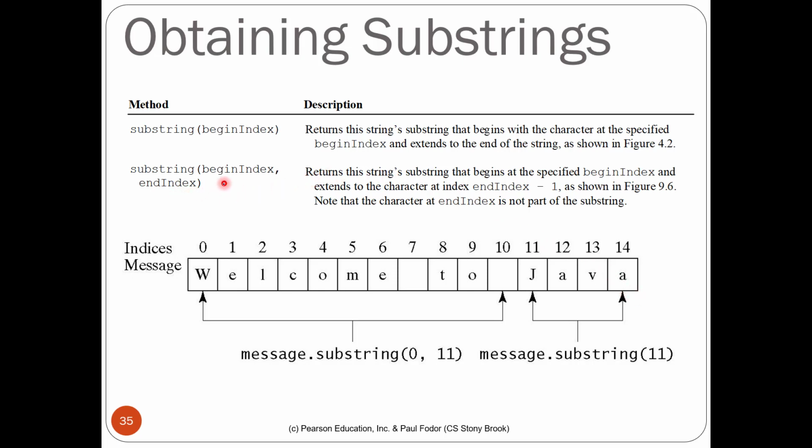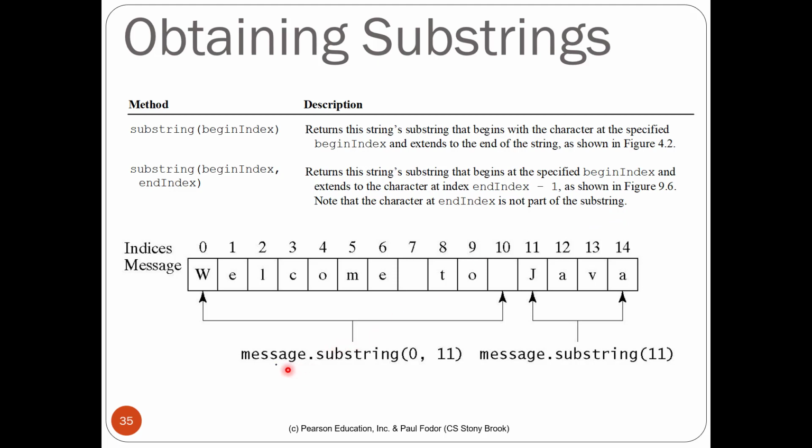The other one, where you specify the beginning index as well as the end index, returns the substring that begins at the beginning index and extends to the character at index endIndex minus 1. Note that the character at endIndex is not part of the substring.